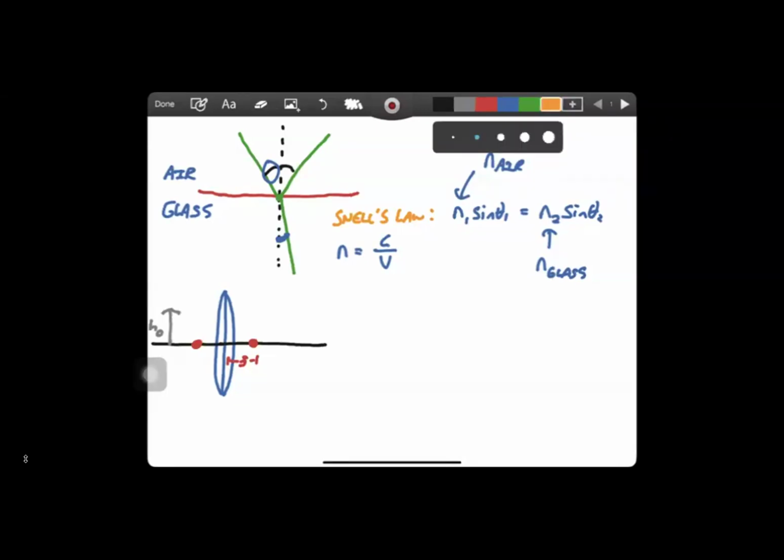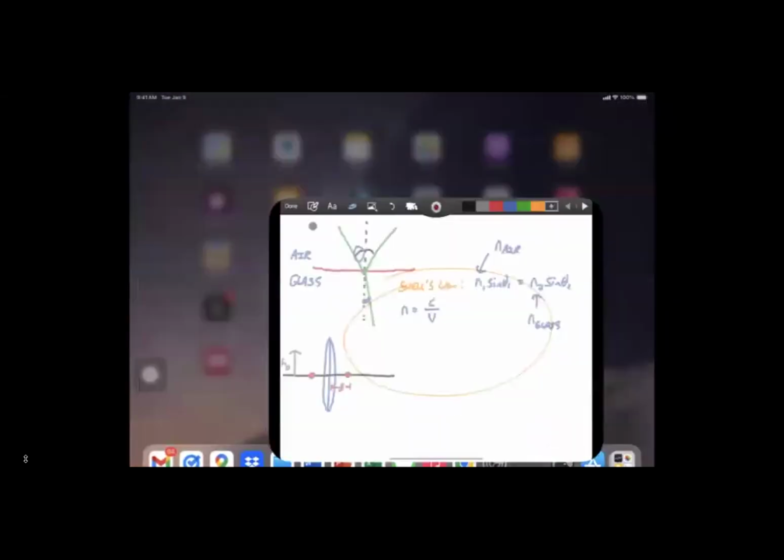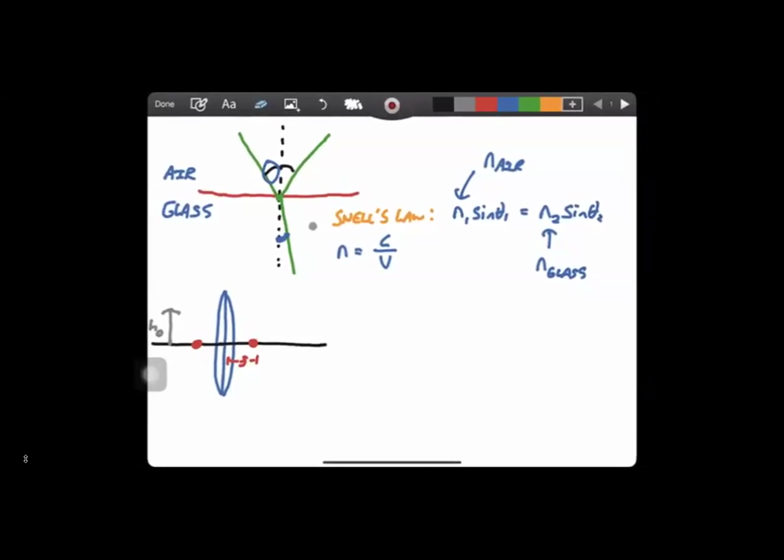The first one, what I'm going to do is draw a line that is parallel to the optical axis. And then by definition, this thin lens is going to bend the ray through the focal point.